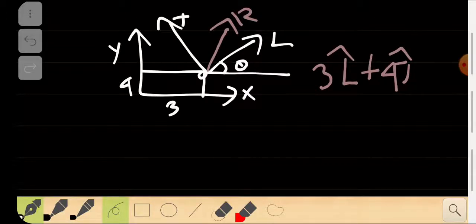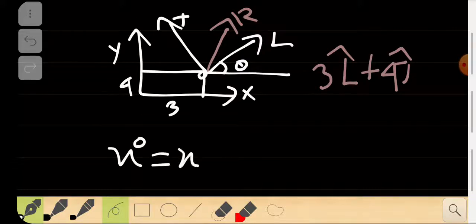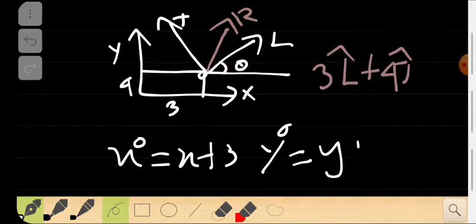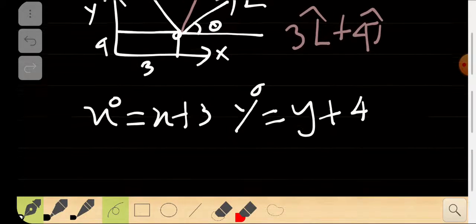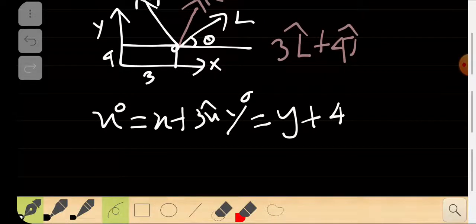If x0 is the origin, x0 has become x plus 3, and y0 has become y plus 4. So you can now write down for x cap and y cap, these are vectors.